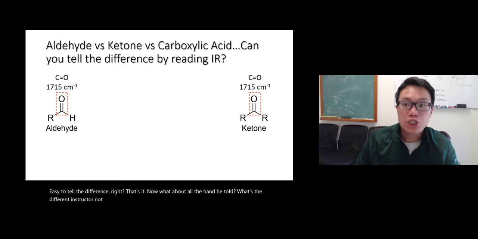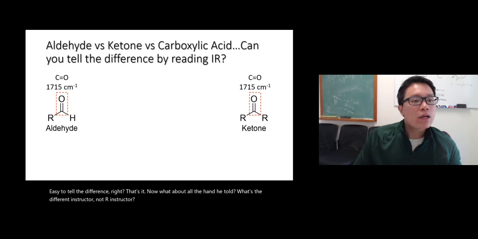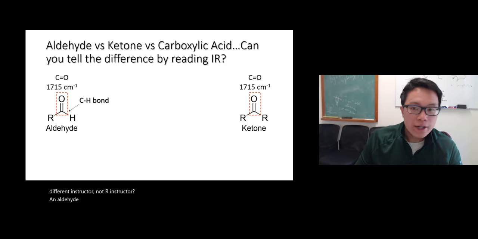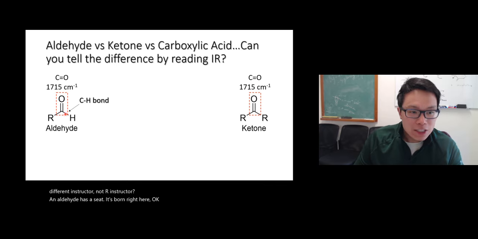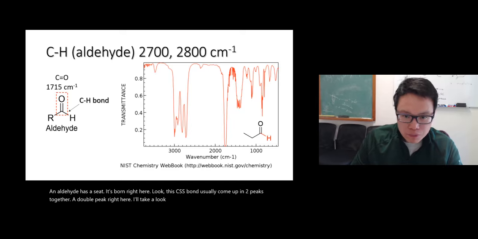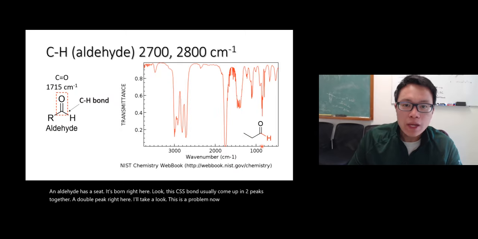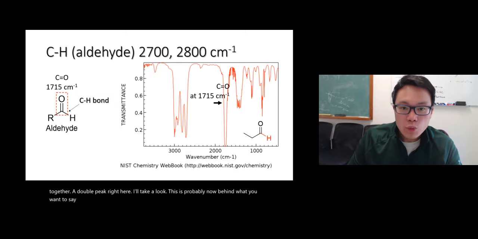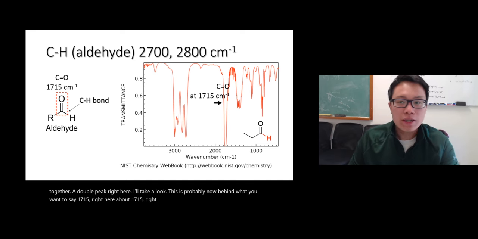Not IR, in structure. Well, an aldehyde has a CH bond right here. This CH bond usually comes up in 2 peaks together, a double peak right there. Take a look. This is propanal. All right, you're going to see 1715 right here, about 1715. How do you know this is an aldehyde?